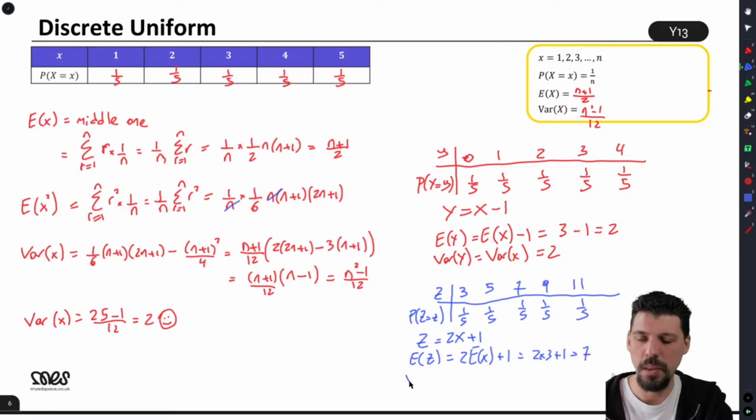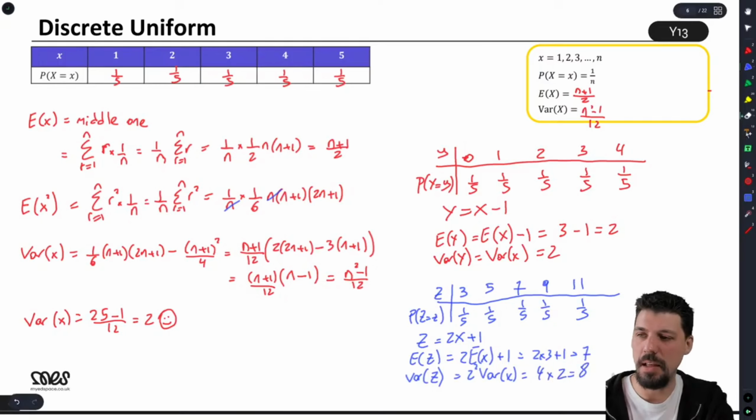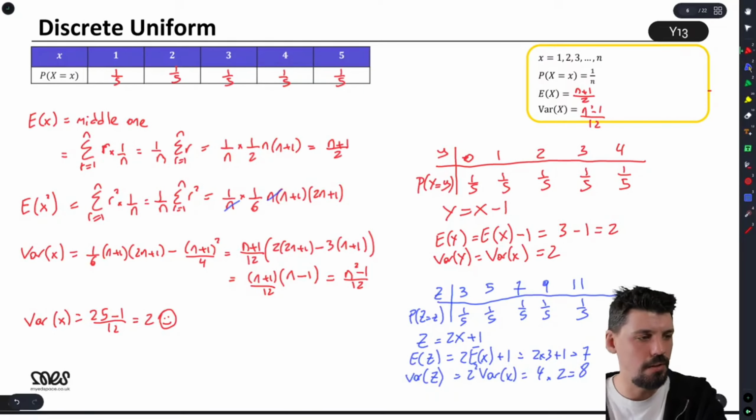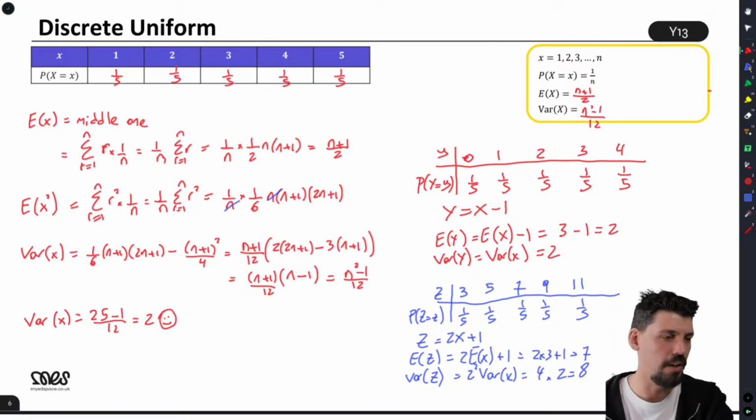It's the middle one. The more interesting calculation is var of z is 2 squared var of x, which is 4 times 2, which is 8. All right, but that is the discrete uniform for you.